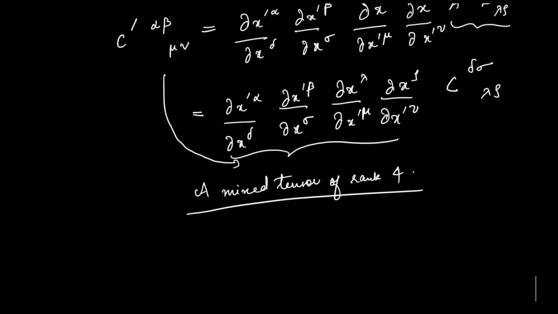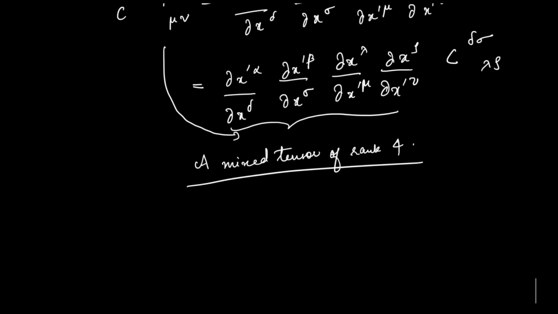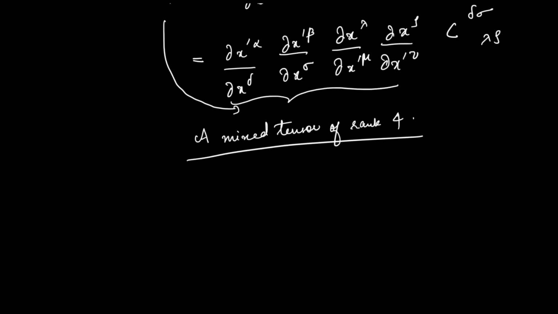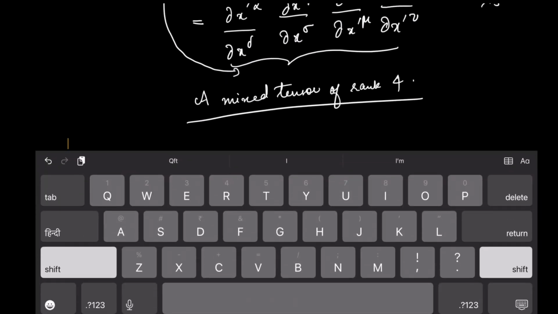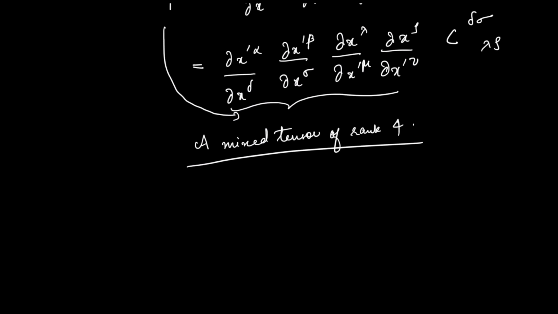Such products are called outer products of tensors, where the rank is increasing by 2. Initially I started with a rank 2 tensor and finally I got a rank 4 tensor. That is, the rank of the tensor increased by 2. So such products are called outer products of tensors.